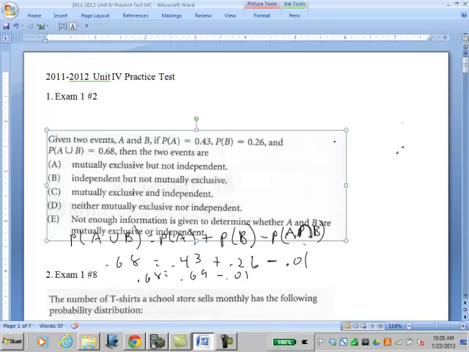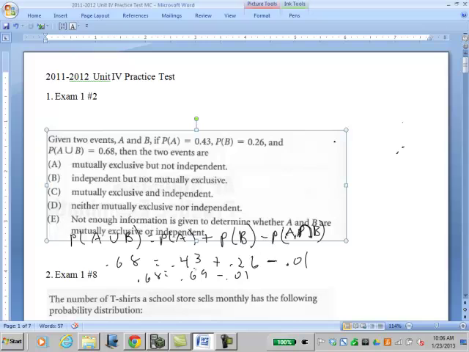I'm just not seeing how you get 0.01 from it. What's the difference between 0.69 and 0.68? 0.01. That's what probability of A and B's got to be. Look, A is 0.43, right? B is 0.26. A or B is 0.68.